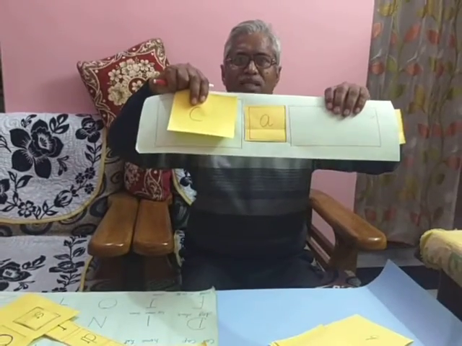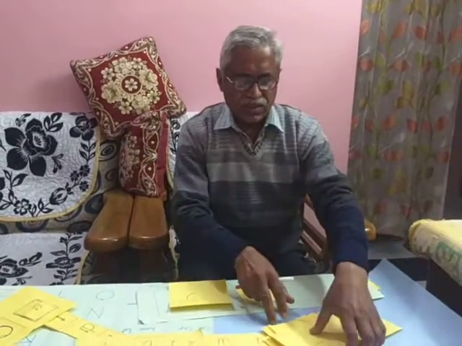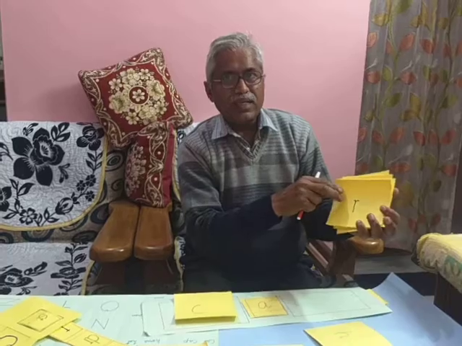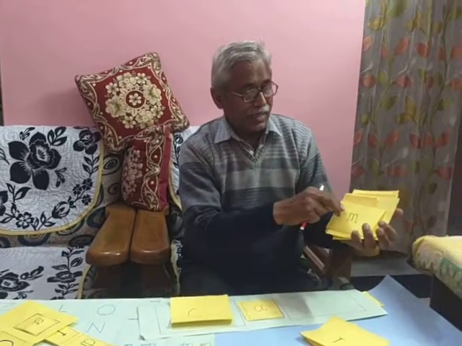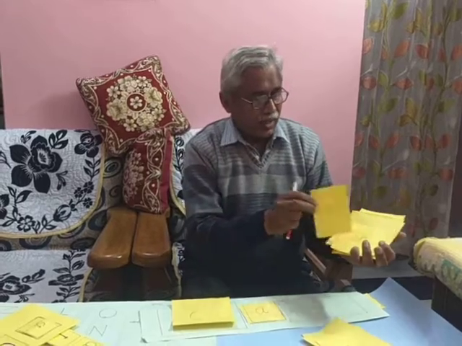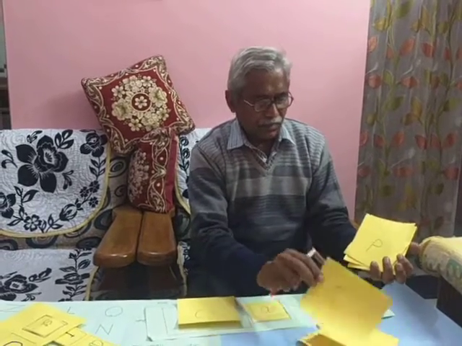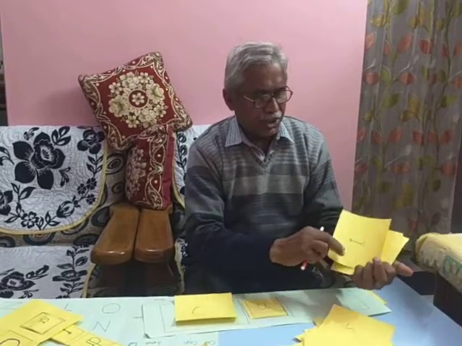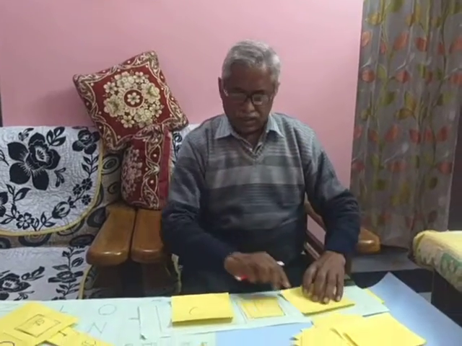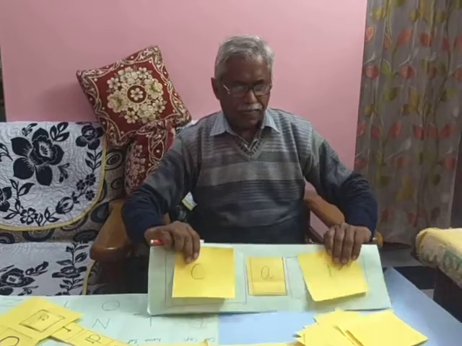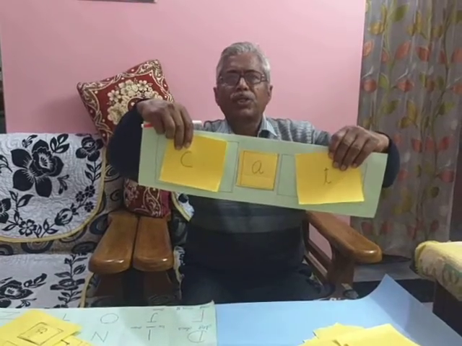See here, C. Then the child is going to pick up another flashcard that contains the correct letter and that will make a correct word. See, he will try to put T. It is now cat.